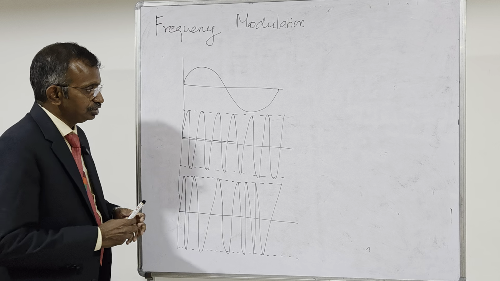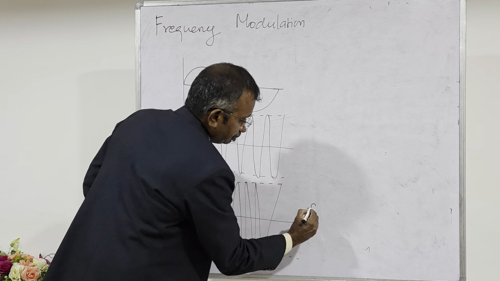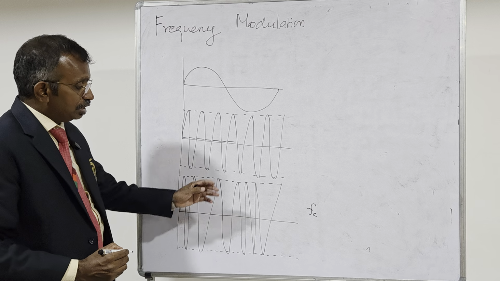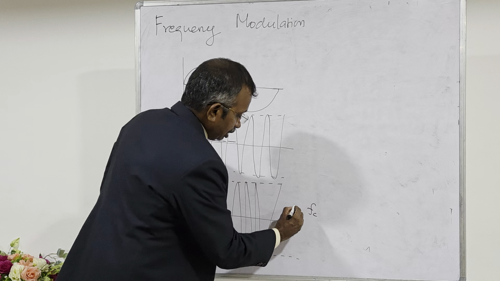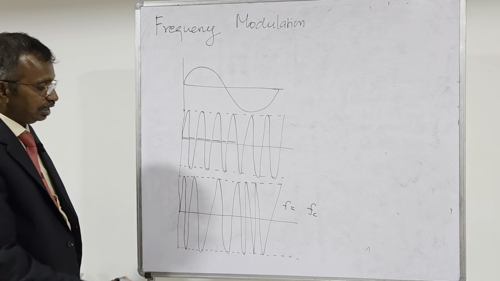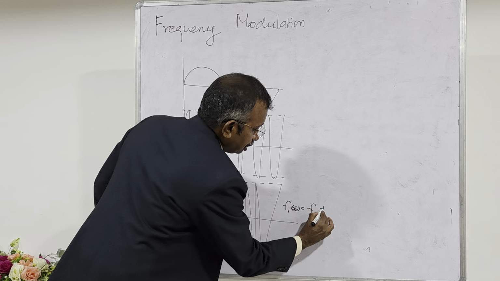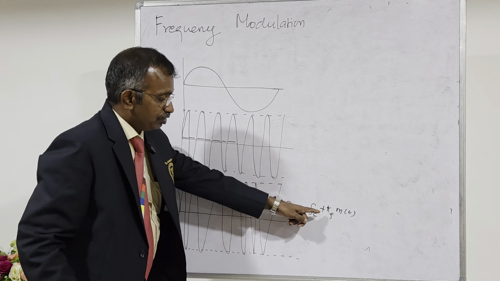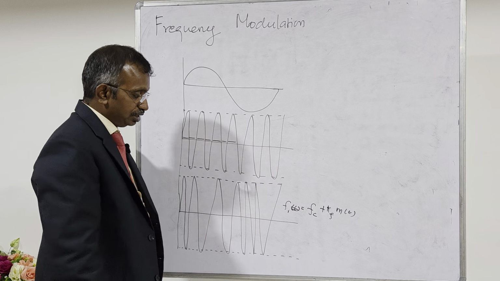When the input is 0, this frequency is Fc. When I apply the input, the instantaneous frequency becomes Fc plus Kf into m of t, where Kf is the frequency sensitivity and m of t is the message signal.